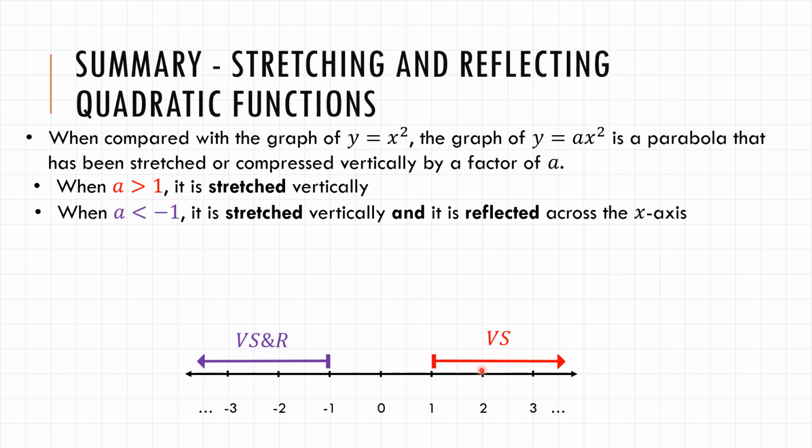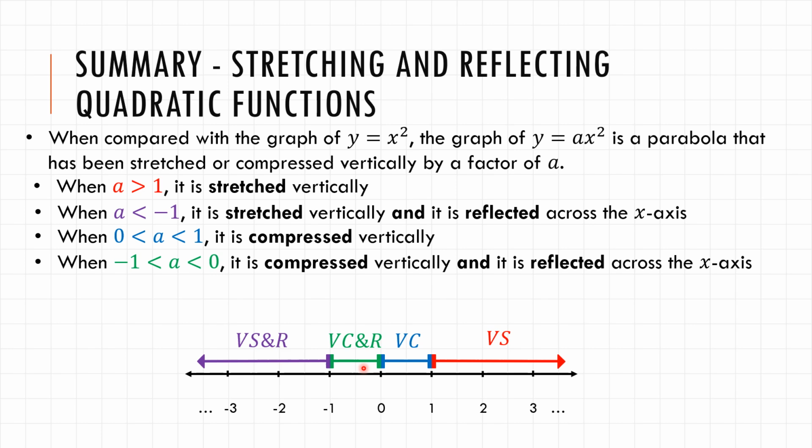Whereas when it was positive greater than 1, there was only a vertical stretch. When a was between 0 and 1, there was a compression vertically. So the parabola got shorter. And when a was between 0 and -1, there was still a compression, but because this is negative, there was also a reflection across the x-axis. So these are the 4 different ways that the variable a can affect the shape of a quadratic.